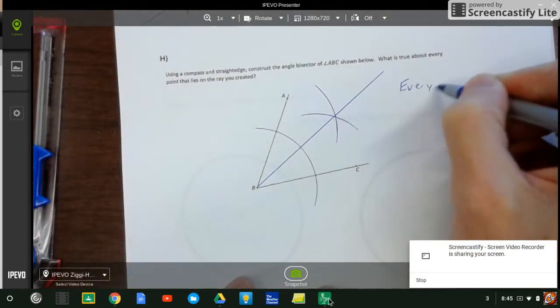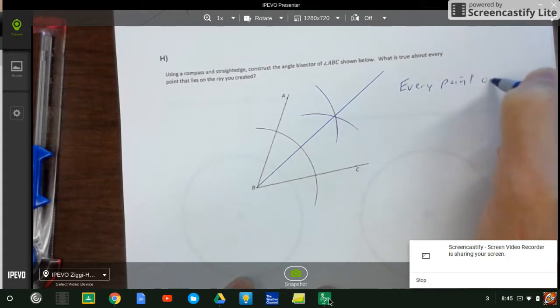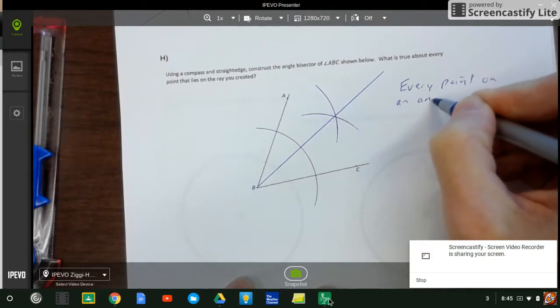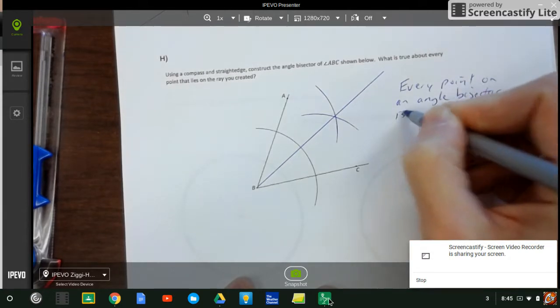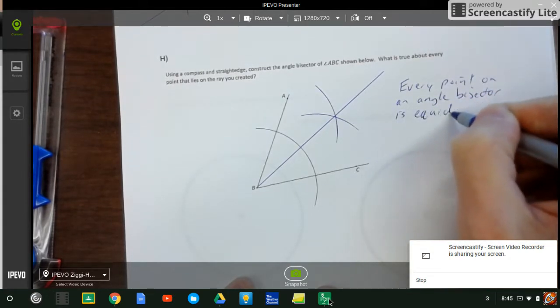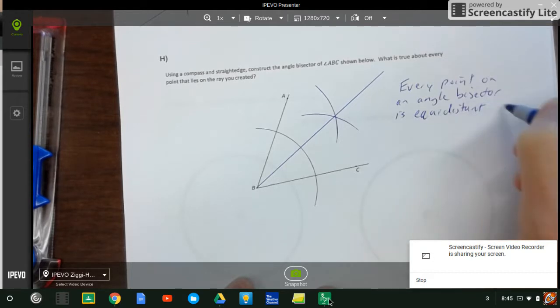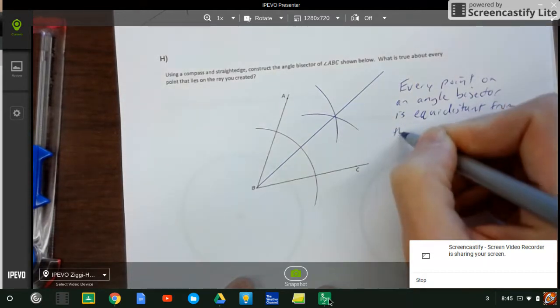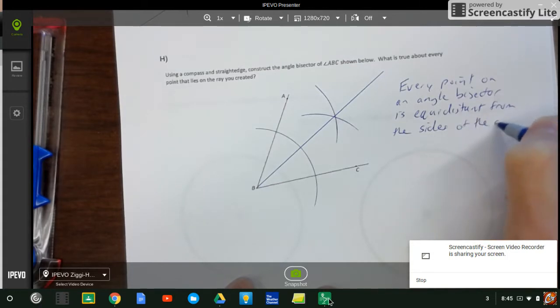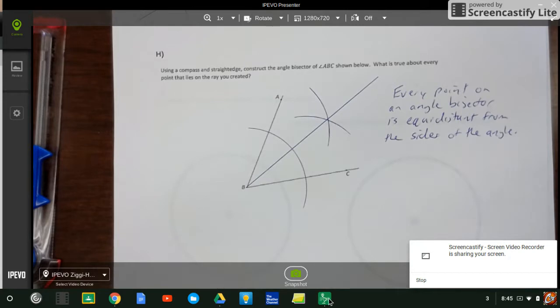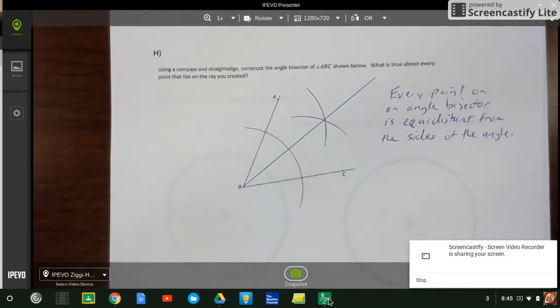Every point on an angle bisector is equidistant from the sides of the angle. Okay, that's something you need to know because they could ask like that last perpendicular bisector question. Okay, try next page.